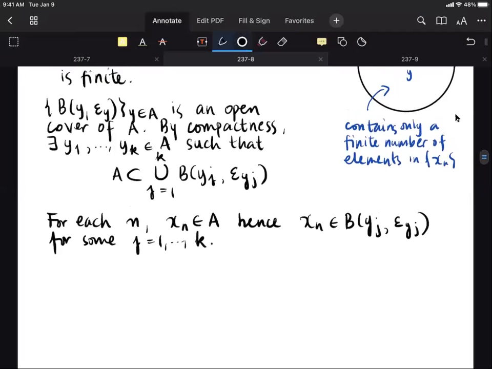According to the definition, then this index n must be in n sub y sub j.